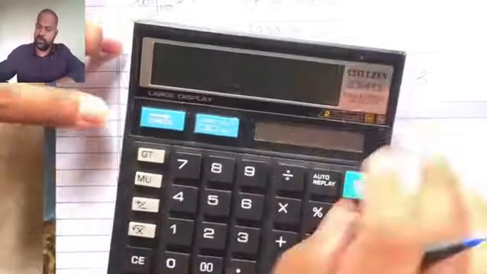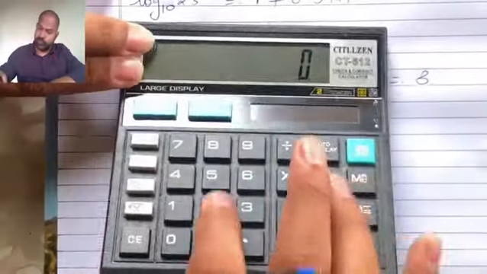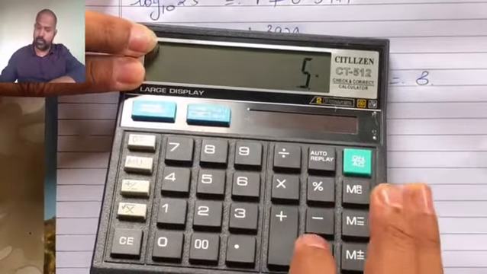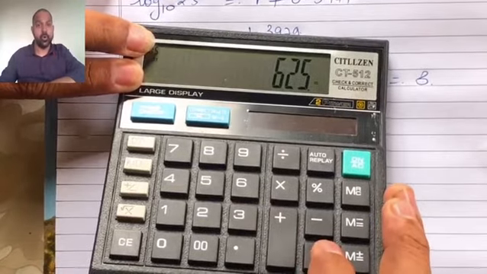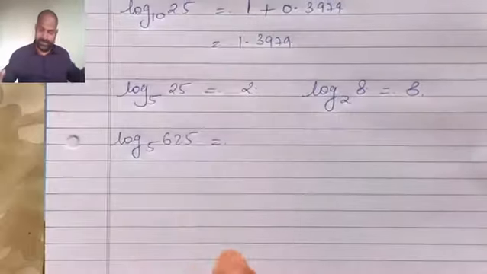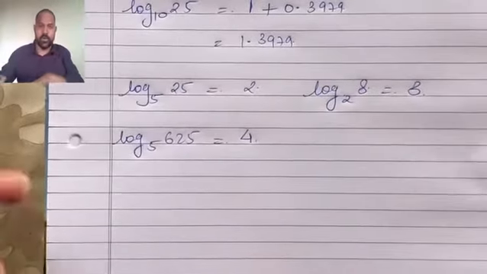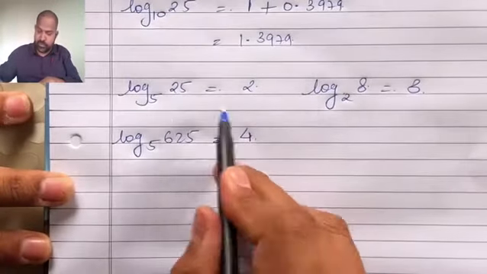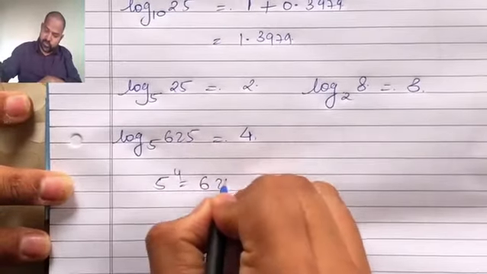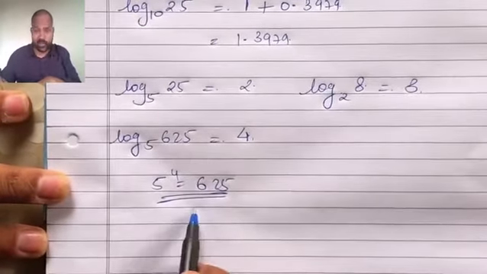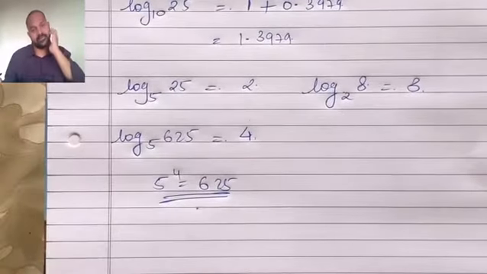Yes. Which power? Let's check. 5 square, cube, raised to 4. Oh, fourth power? Then the answer is 4, because 5 raised to 4 is 625. Don't believe me? Check. 5 raised to 4 should be 625. Is this logic correct? Then this logic is correct.